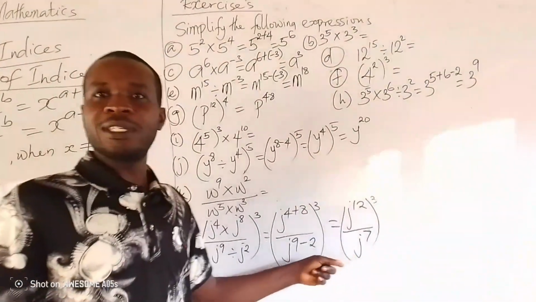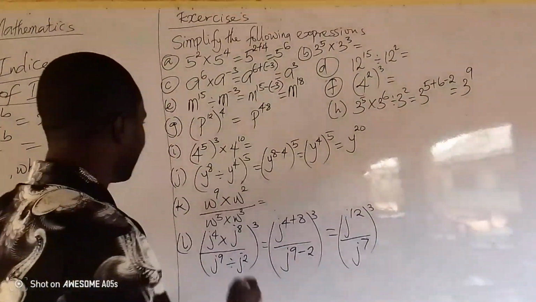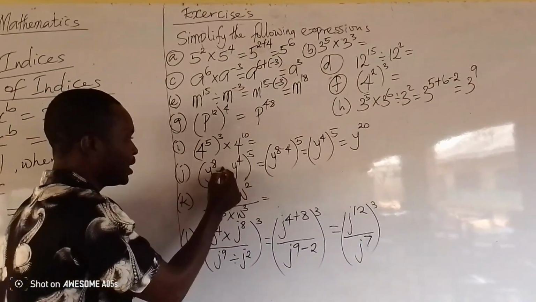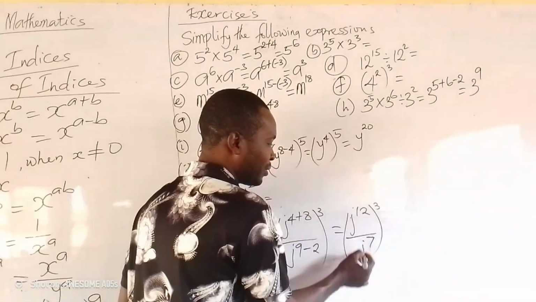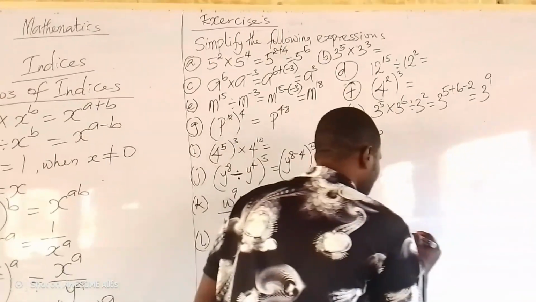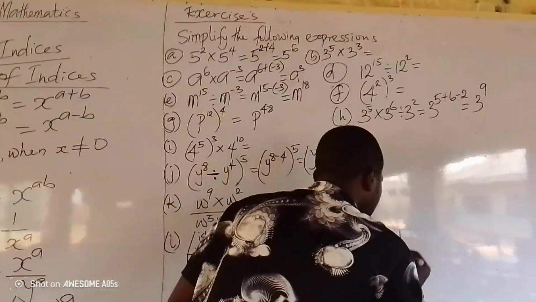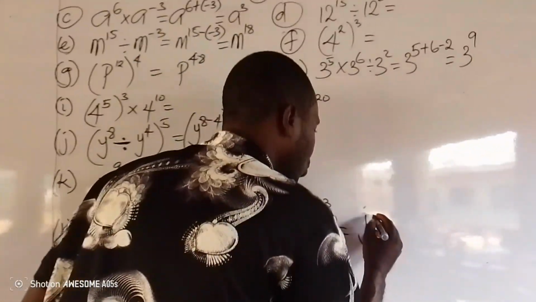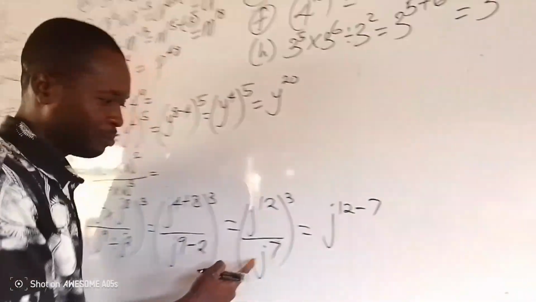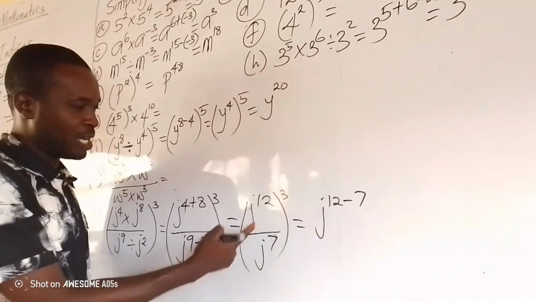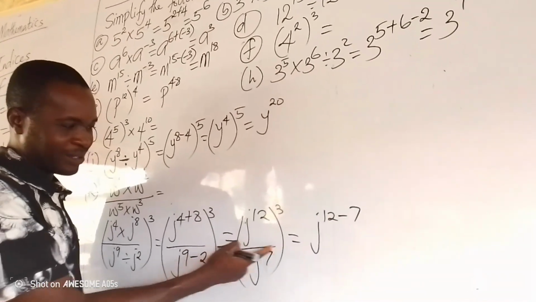I can treat this division now. When you have division in between the two base numbers, you can see j and j, so this will be j raised to power 12 minus 7.